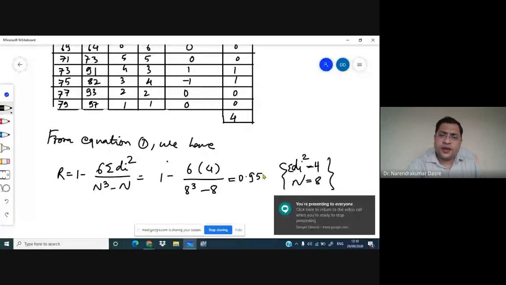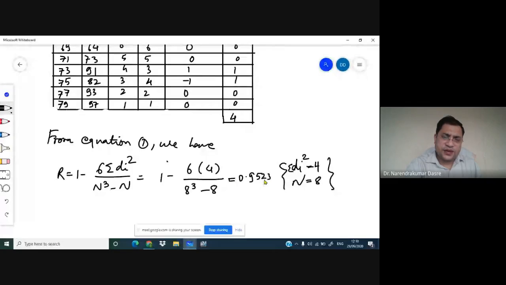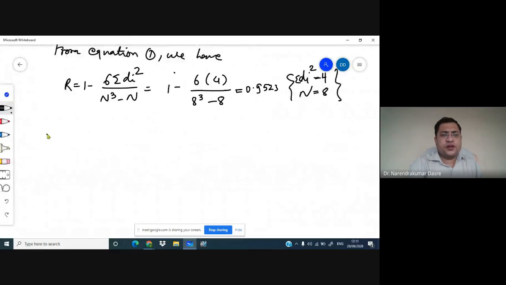Okay, so we got the answer. R is equal to 0.9523. Okay, this is the answer we accept.